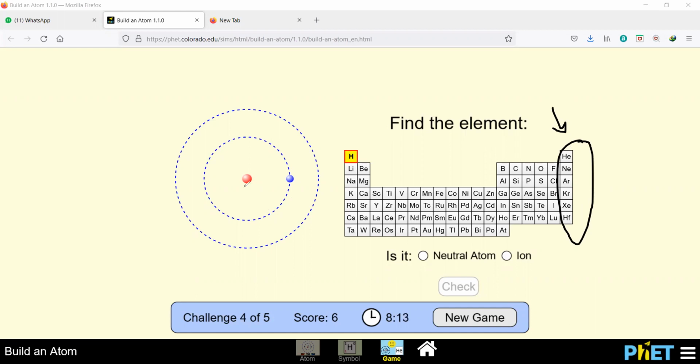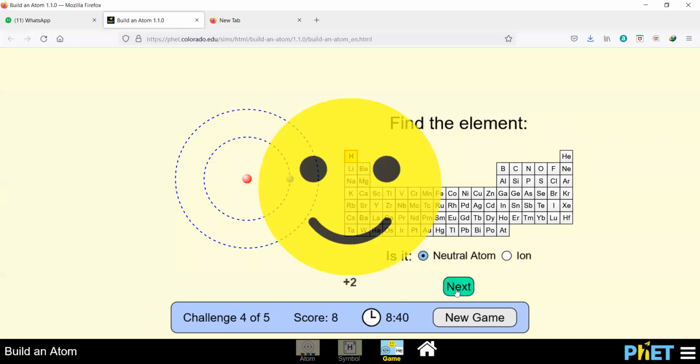For example, hydrogen wants to gain 1 more electron and change into a hydrogen ion to look like helium, which contains 2 electrons at the outermost energy level. That's why they are very active. Why are they very active? Because they just need to be stable and have a full number of electrons. This one is, of course, a neutral atom. Yes, well done.